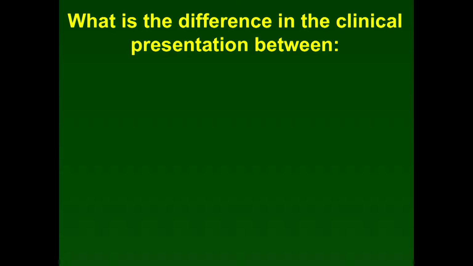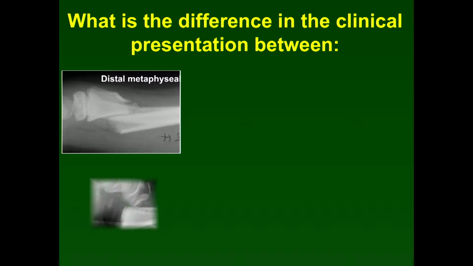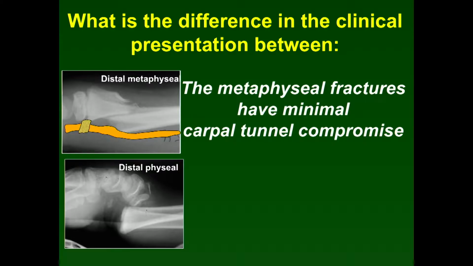So, if you have 2 fractures of the distal radius, these are the most common ones, and each of them will be a little bit different clinically. This is the distal metaphysis, which as we'll discuss later is the most common fracture in children, and this is the distal physis. So what's the difference in the classification in this one? Well, the metaphyseal fractures have minimal carpal tunnel collapse.